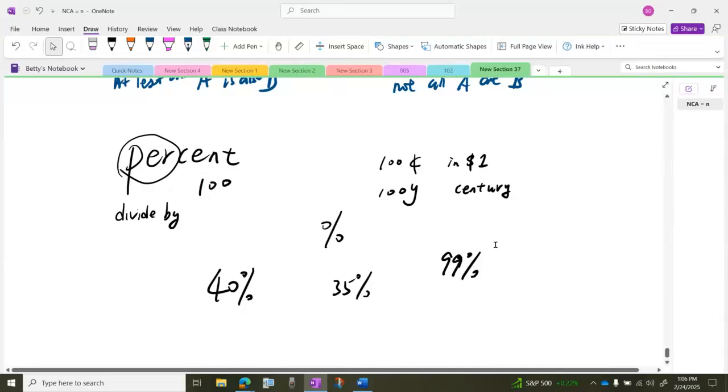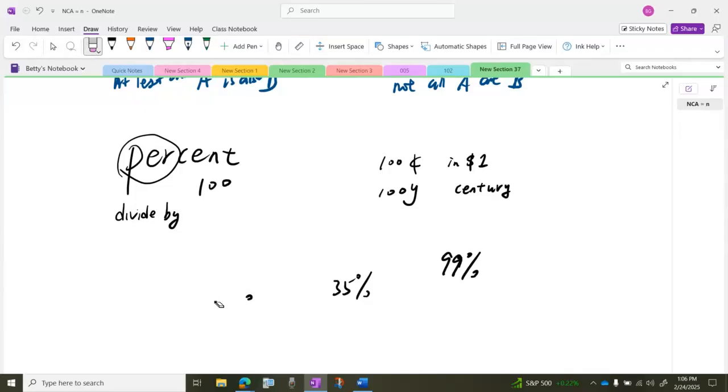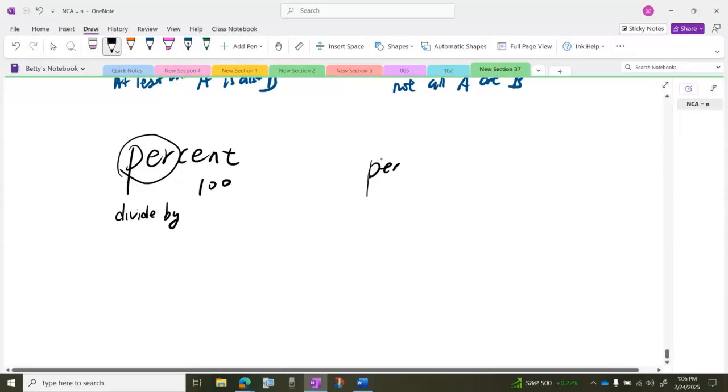There's a difference between percent and percentage. When we talk about percentage, we don't have to specify the number. We can just say, what's the percentage of the students passing the class, right?